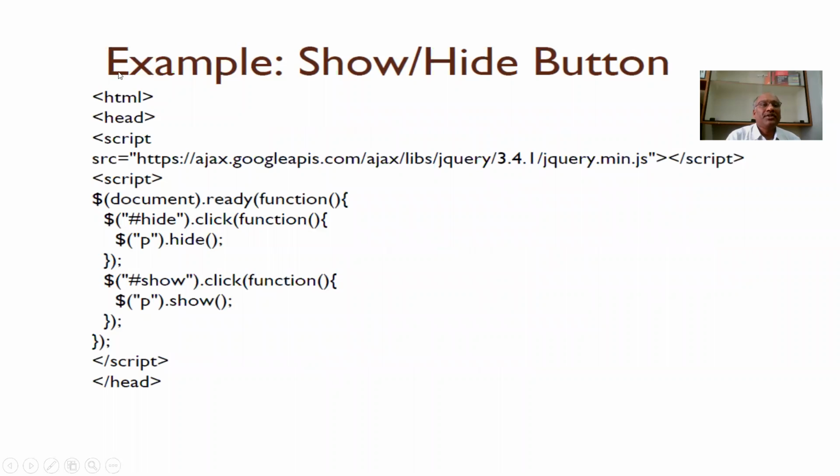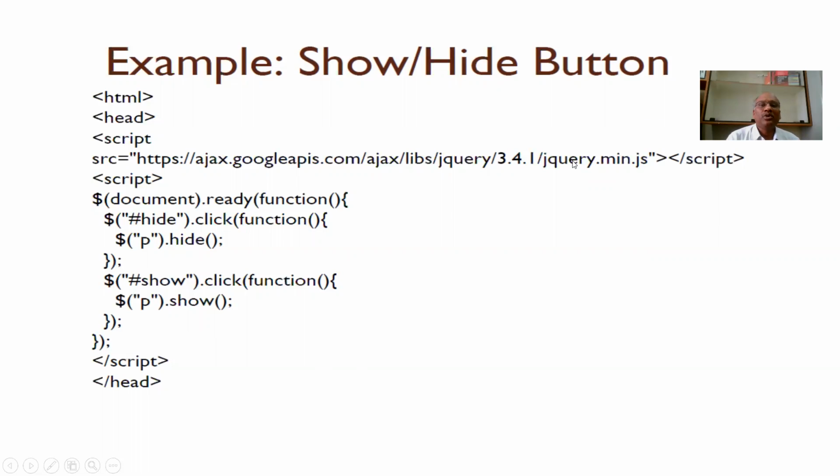So let us see a small example here. On the script tag, you are including a JavaScript library. The JavaScript library that we are going to consider in this example is the jQuery minimal version. So we have two different versions. One is a zip version as well as a minimal version.